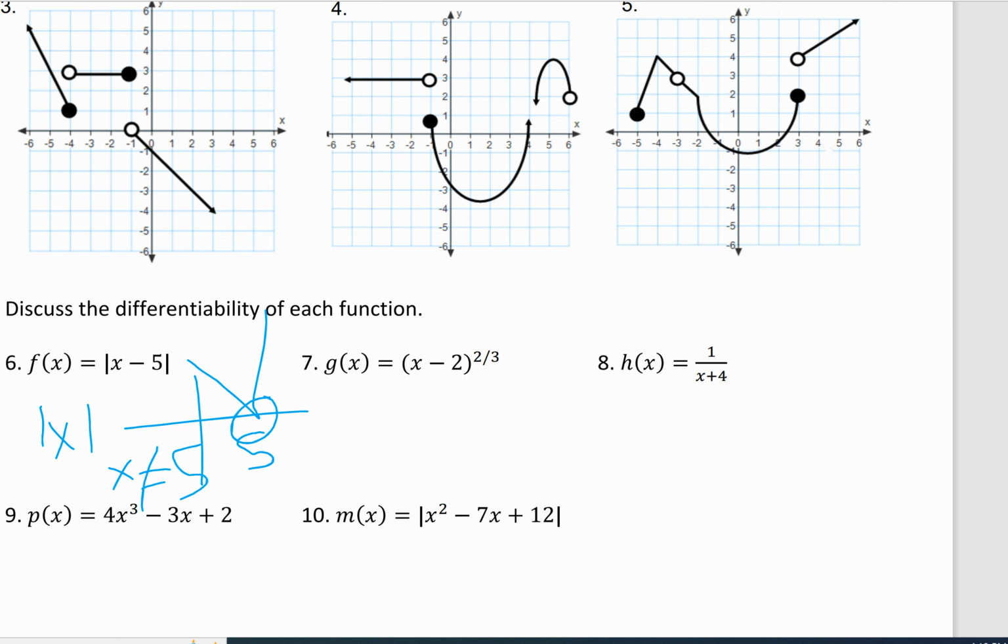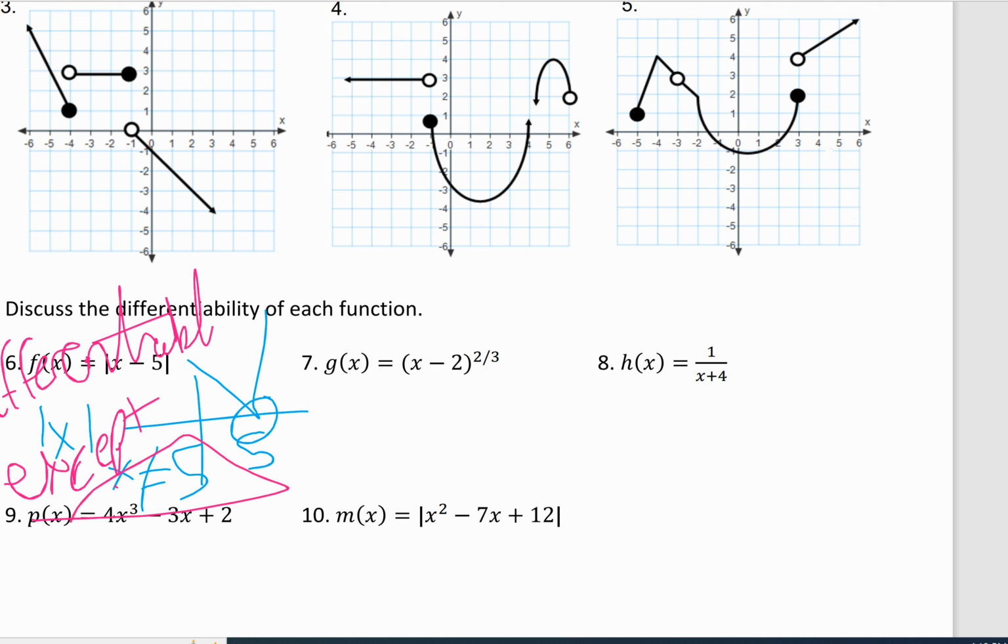So you say something like differentiable except, just like domain, you say the domain is all real numbers except where there are individual values, except x equals 5. It's really the same.